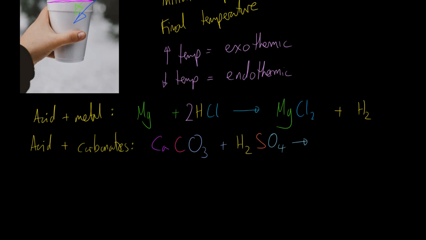And then that will fizz, and then you'll get some calcium sulfate and some water and some carbon dioxide. Something like that. Let me just finish balancing that. I can't leave it unbalanced. There we go, CO2. That's balanced now.